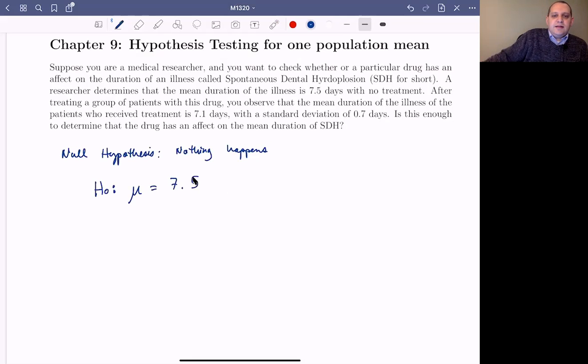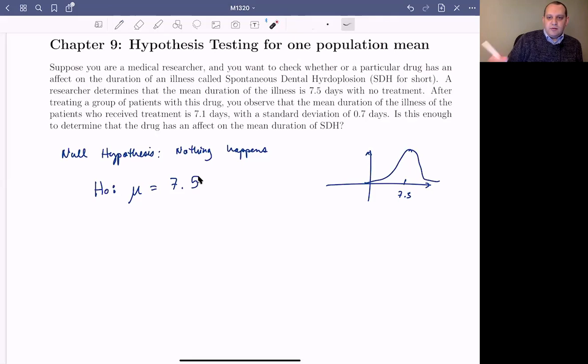Here the idea is that we have some data set that's normally distributed, with a mean of 7.5. We're assuming that our data is normally distributed. And maybe it's possible that we just collected the data and grouped together all the patients on this side of the chart. So maybe the mean is 7.1 just by chance, because you happened to get that group of people with a mean of 7.1.